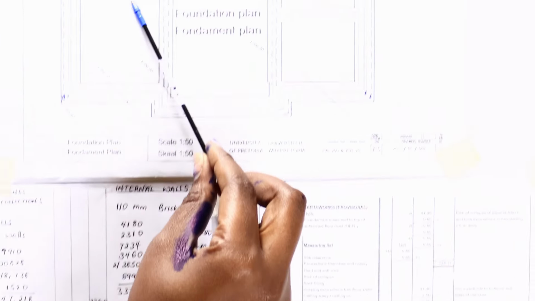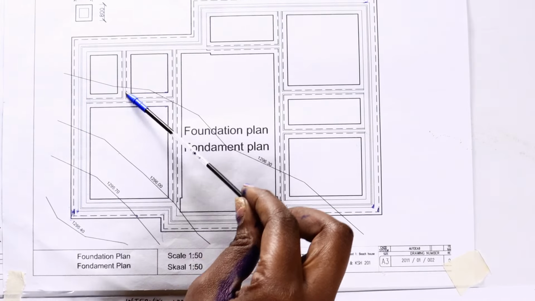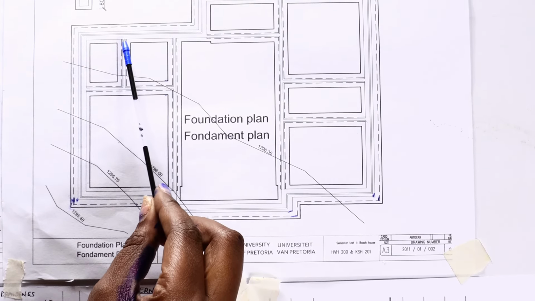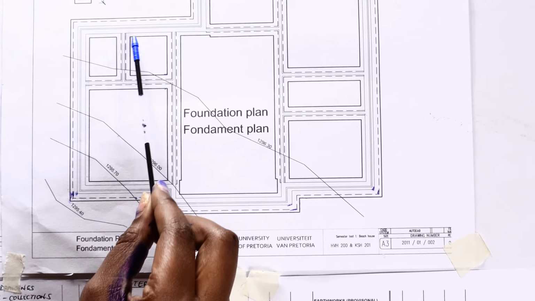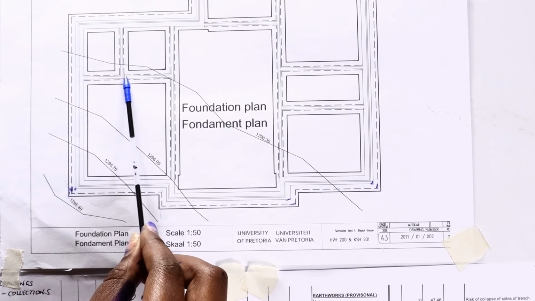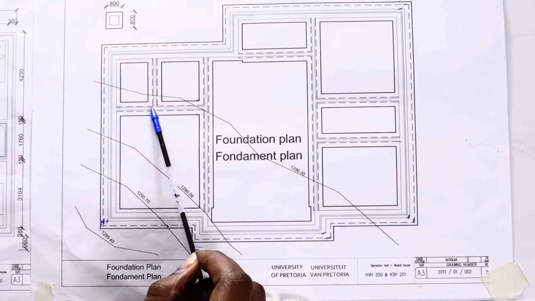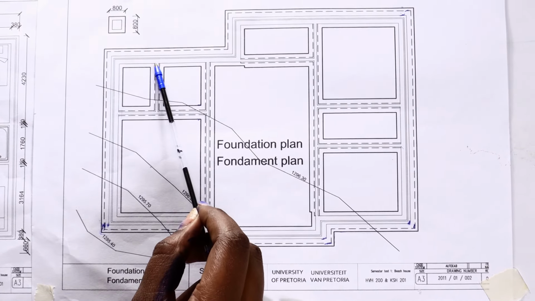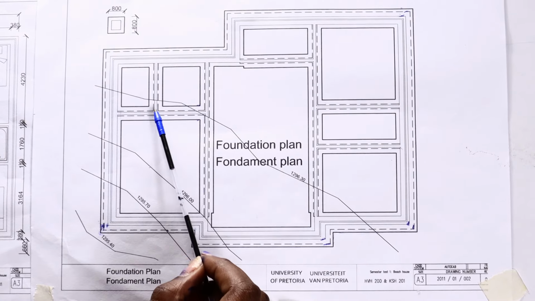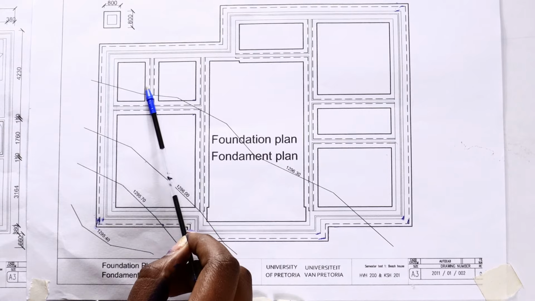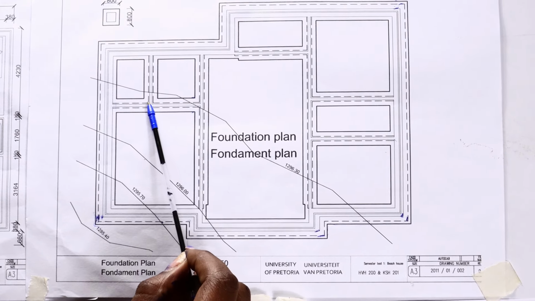The next wall is this wall. From here to here is 2310, and you see the broken line is ending earlier and here it is starting at the wall, so we shall only deduct 55 here. So it shall be 2690, then we deduct 55 here.